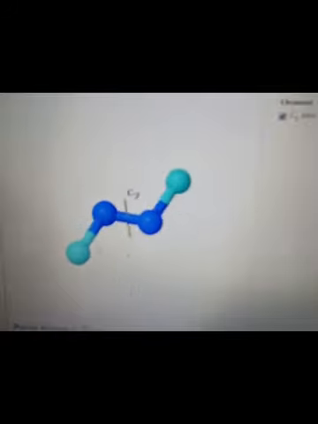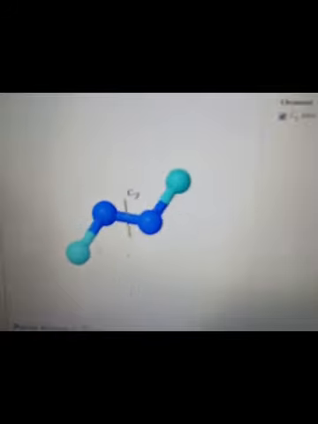Similarly, it also has an S3 improper axis of symmetry. This is the S3, that is C3 followed by sigma. Along this axis rotation takes place and perpendicular to that reflection takes place.